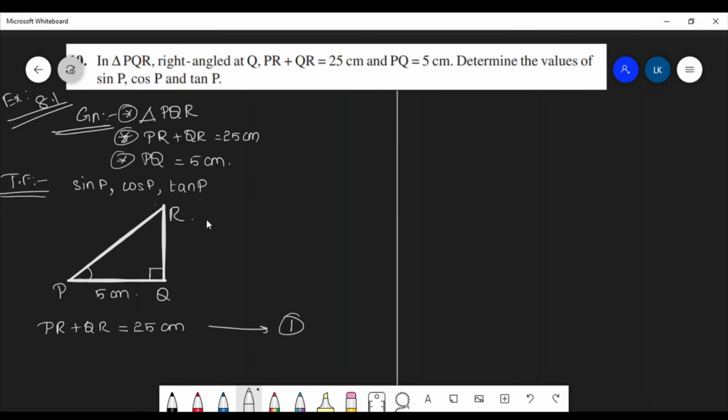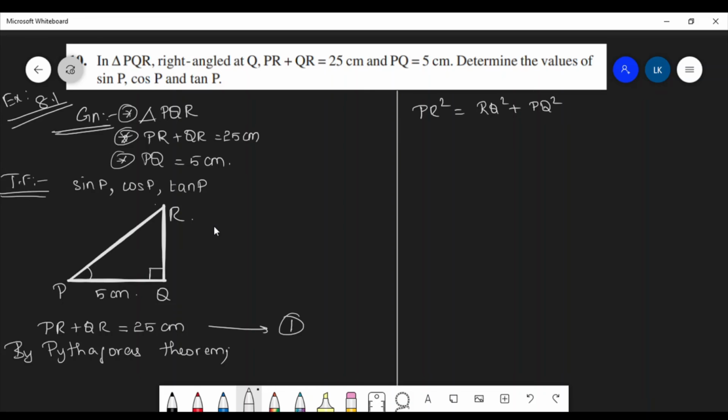Let me mark the PR plus QR equal to 25 centimeter as equation number 1. And by Pythagoras theorem, hypotenuse square, which is PR square, is equal to perpendicular side square, which is RQ square, plus base square. Base value is PQ square.